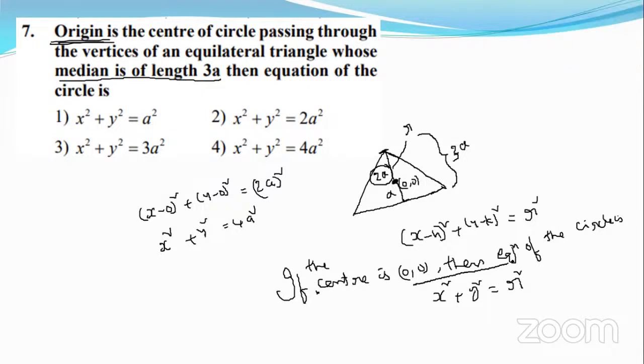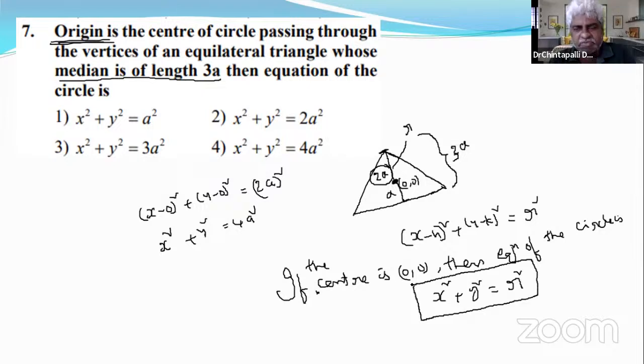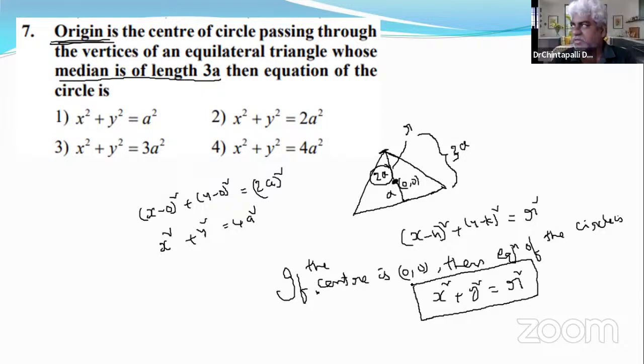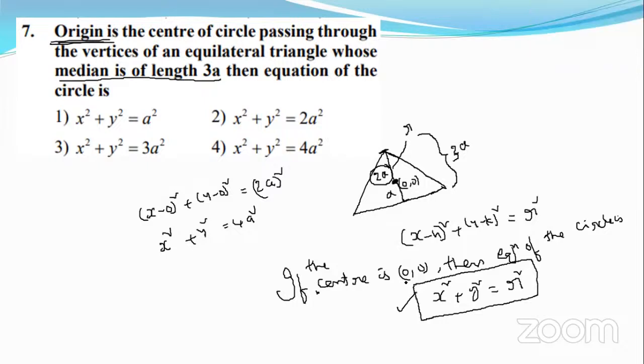So x square plus y square is equal to r square. Whenever the center is 0, 0, we can use this formula directly. This formula is used only when the center is 0, 0.